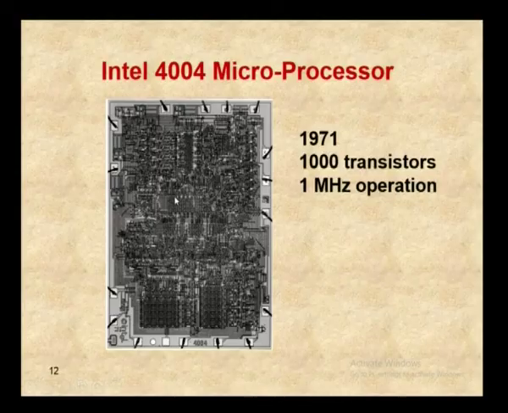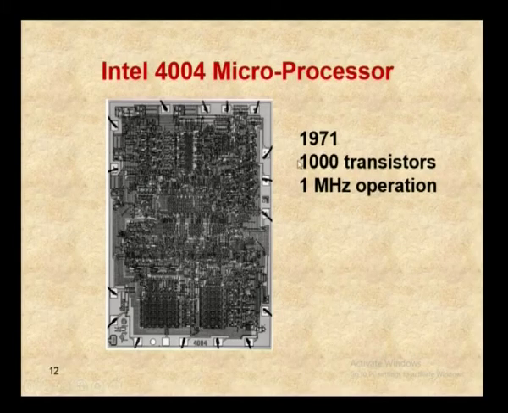Later on it was found that metal oxide semiconductor transistors can be made in smaller size compared to the previous transistors, and they consumed less power. Intel developed the technology, and they were able to integrate, as you see here in this slide, 1000 transistors in 1971, and they made the first 4-bit microprocessor, that is Intel 4004.